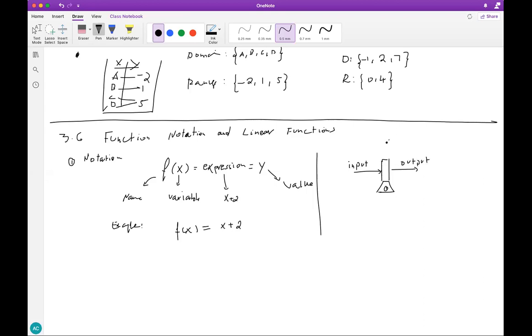Okay, so this is some function, in this case, a blender or a mixer. What does the blender take in as input? What do we put in it?